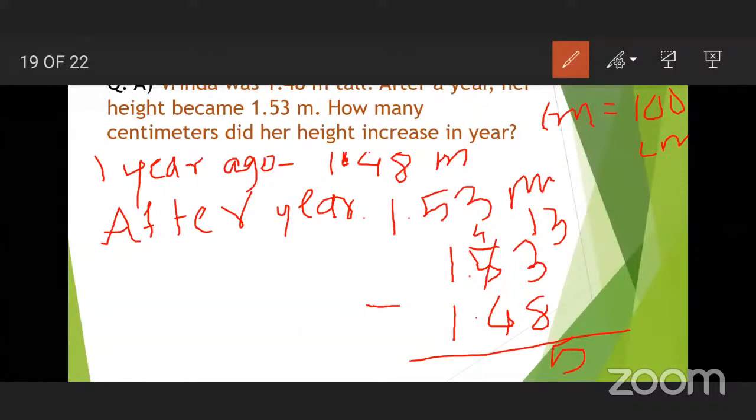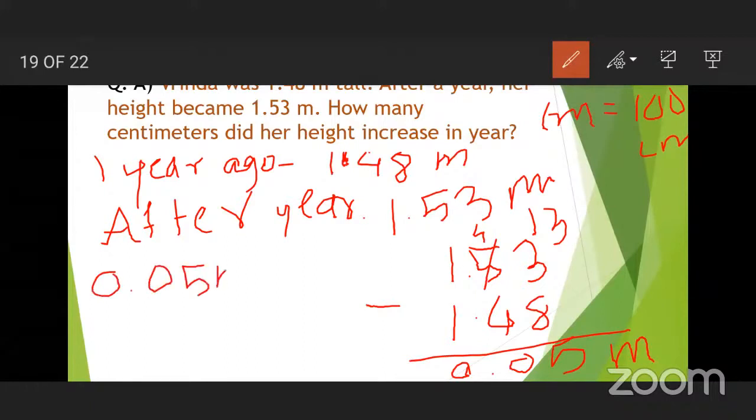Here 5 becomes 4. 4 minus 4, 0. Then point. 1 minus 1, 0. So here the increased height is 0.05 meter.